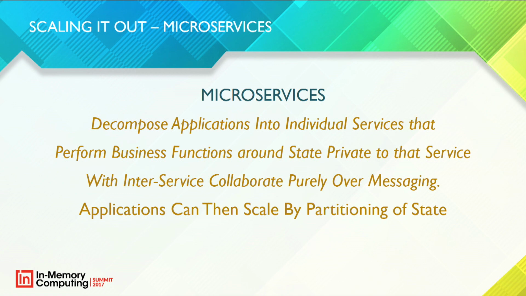The key thing about a microservices architecture is that business functionality is organized around state that's private to that microservice. So we're breaking down monolithic applications into business functions that are very narrow in scope and operate on a particular piece of state.